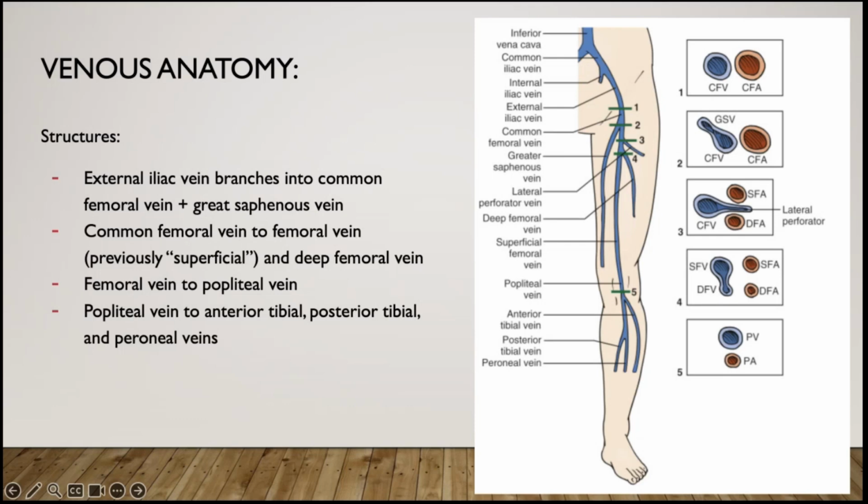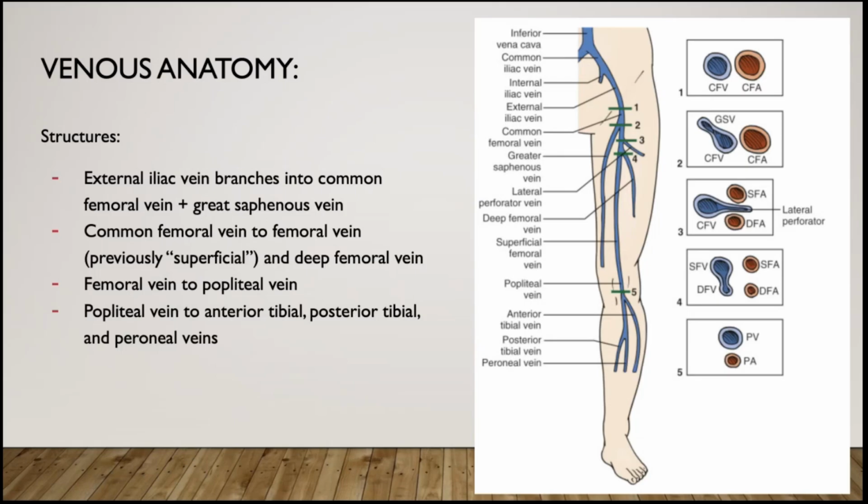Of note, the superficial femoral vein is a little bit of a misnomer because it is technically a deep vein. And if you were to see a thrombus in there, it would be considered a DVT. But I've seen that the superficial nomenclature has actually been removed for the most part, and now it's just being referred to as femoral vein to reduce that ambiguity.